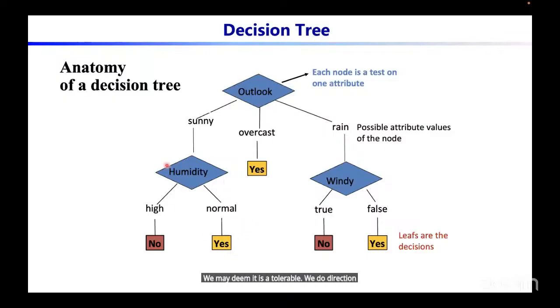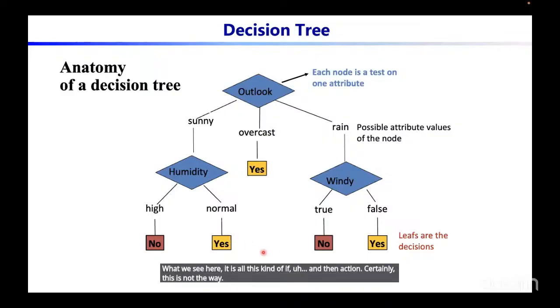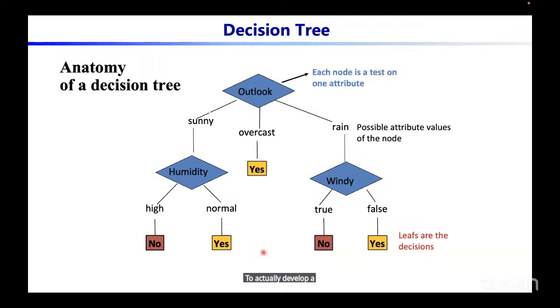So this is an example of the decision tree type of AI. But here, what we see is all this kind of if and then action. Certainly, this is not the way to actually develop a decision tree algorithm.